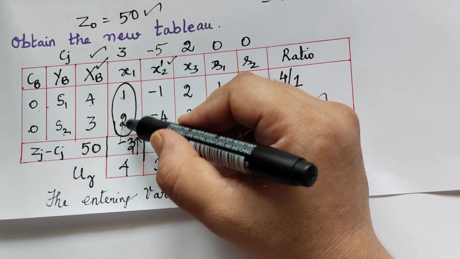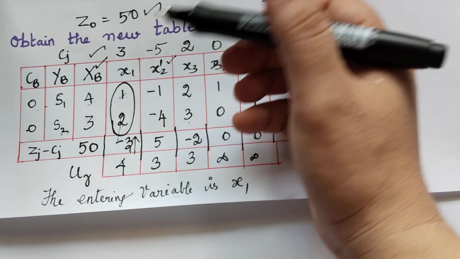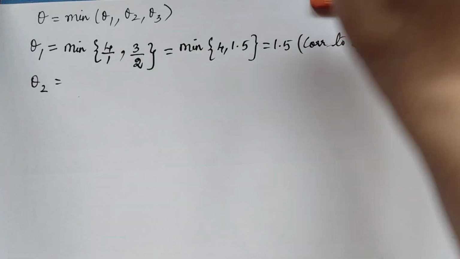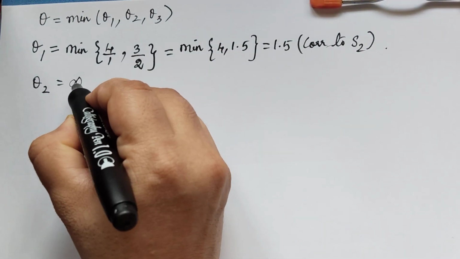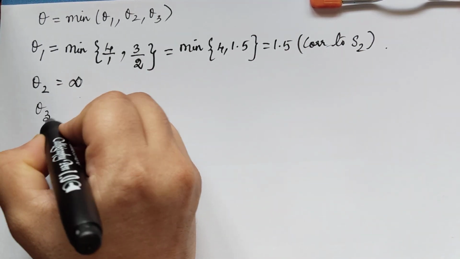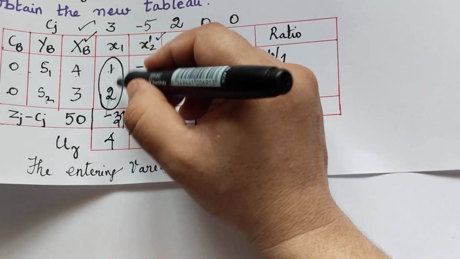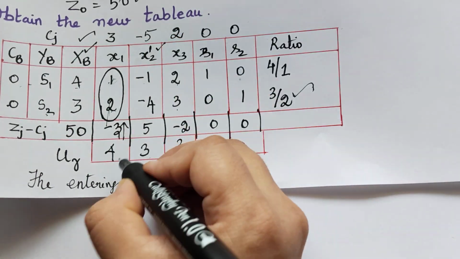How are these values? Both are positive. Even if one is negative, then we can find theta 2. But since both are positive, theta 2 is infinity, by the note that we saw already. And then we have to find theta 3. Theta 3 is the upper bound of the entering column. So x1 is the entering one, so this is u1.